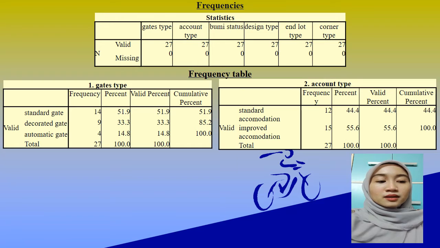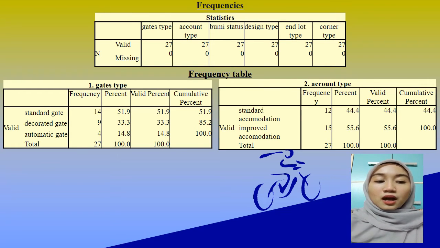Meanwhile, another variable for the frequency table, which is the second frequency table in this slide, is the account type. There are 2 account types, which are standard accommodation and improved accommodation. The standard accommodation shows a frequency of 12 with the same percent, valid percent, and cumulative percent, which is 44.4.